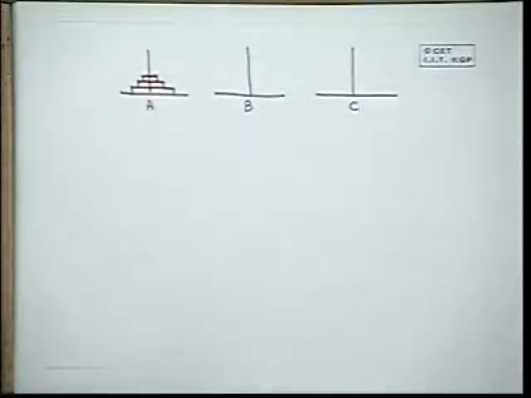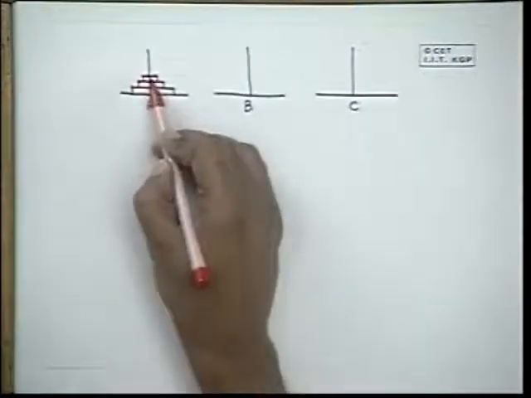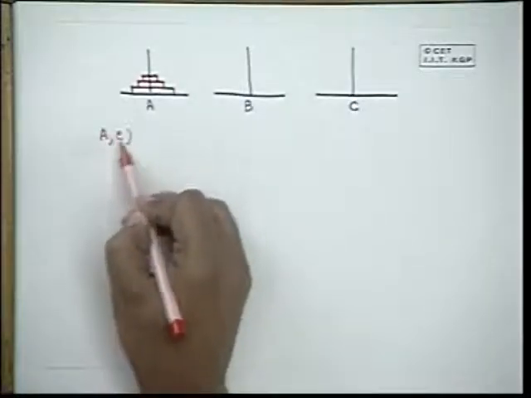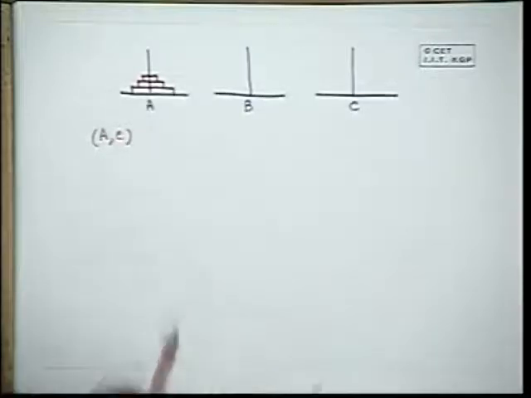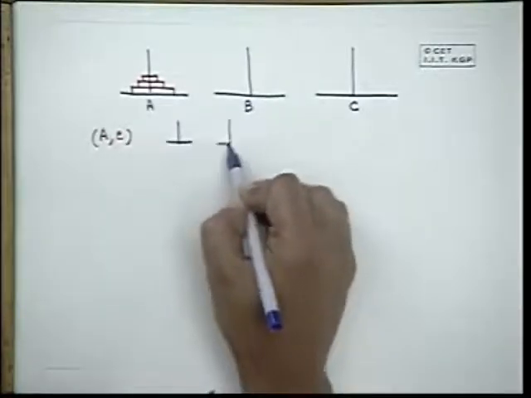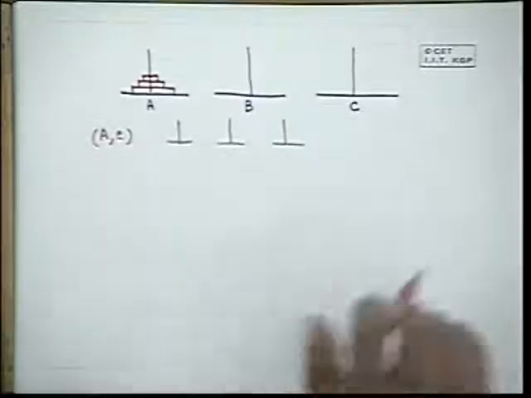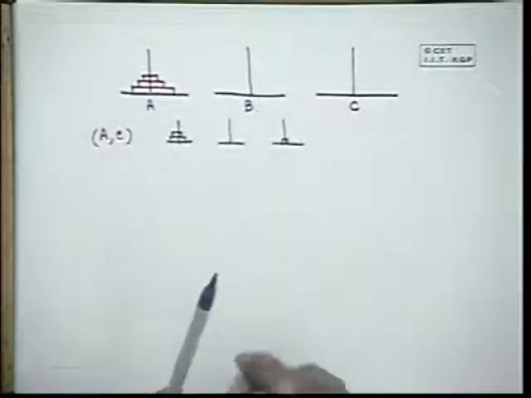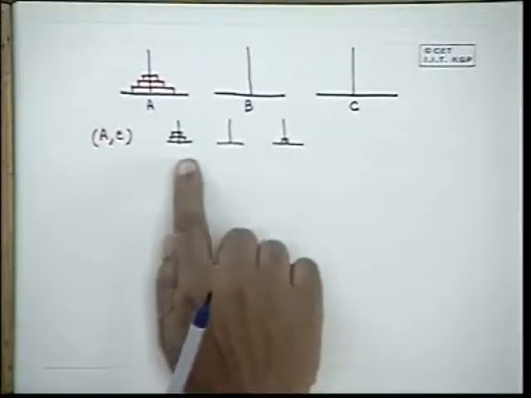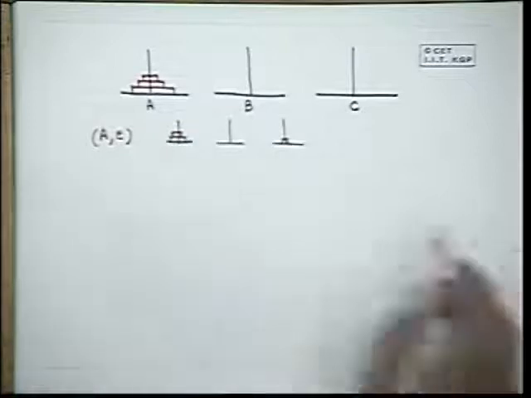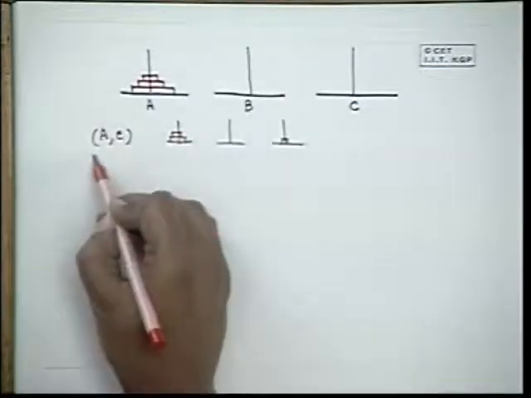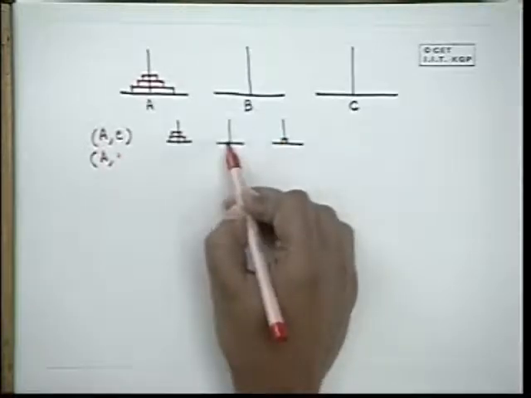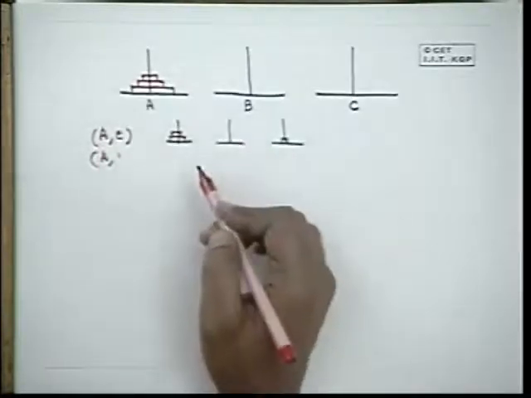So let's try out. We can move this one here, A to C. Is this visible? Then we can move out this one here, A to B. It is no use moving this one here, because that you could have done in the first step only.